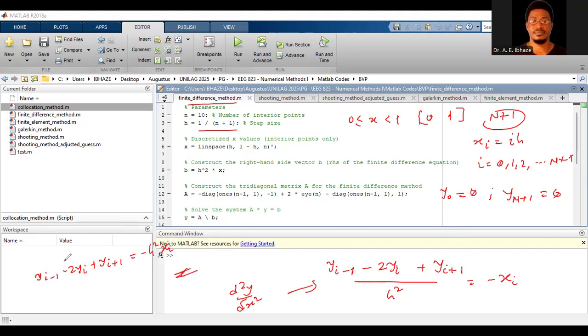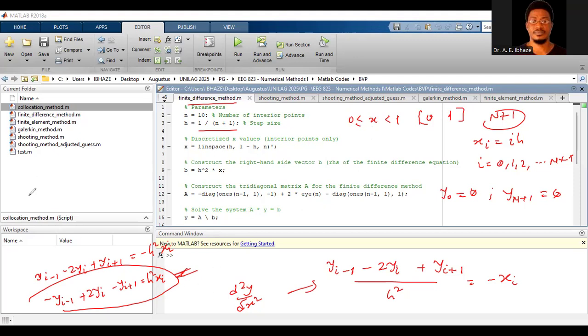And once we multiply through by negative, that will give us negative y sub i minus 1 plus 2y sub i minus y sub i plus 1 will be the same as h squared x sub i. So once we plug in the values of i from 1, taking on values for the interior points, then we'll be able to develop the system of equations.